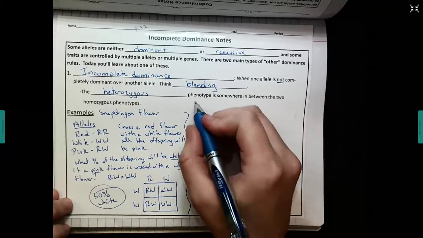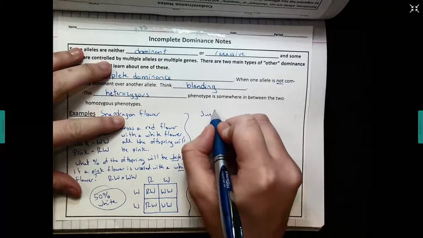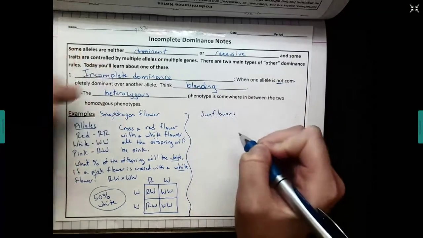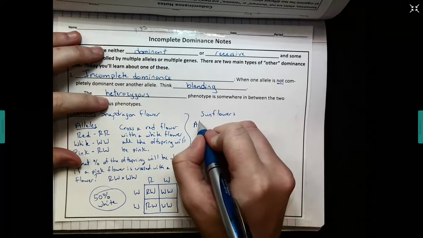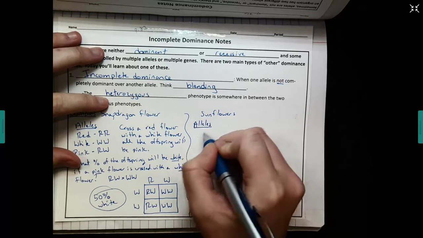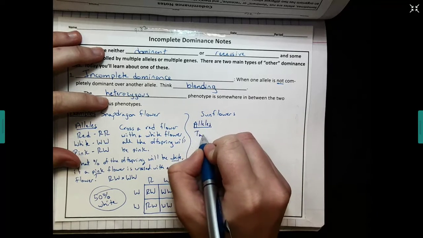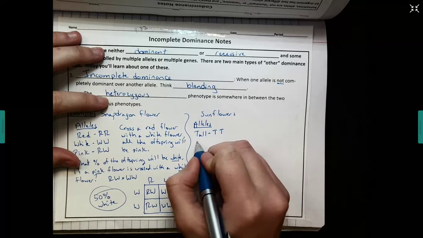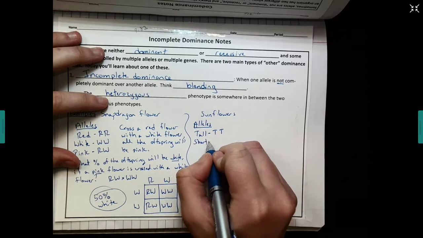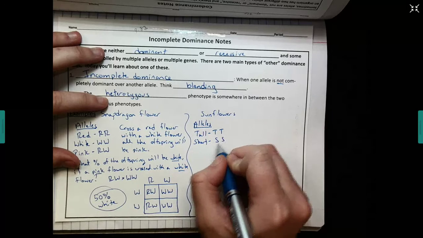So let's use sunflowers, kind of sticking with that flower theme. But the alleles for sunflower, if you are tall, that's 2 big T's. If you're short, that's 2 big S's.